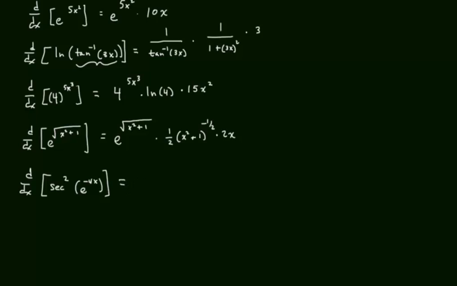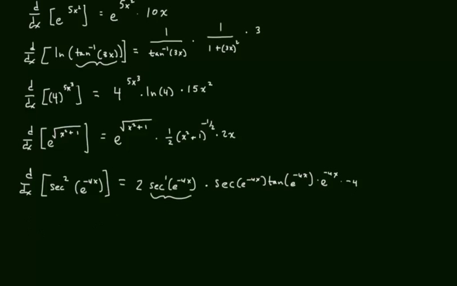Pause. 2 times stuff to the 1 power, times the derivative of this stuff, which is secant little stuff, tangent little stuff, times the derivative of the little stuff, which is e to the tiny stuff, times the derivative of the tiny stuff, negative 4.